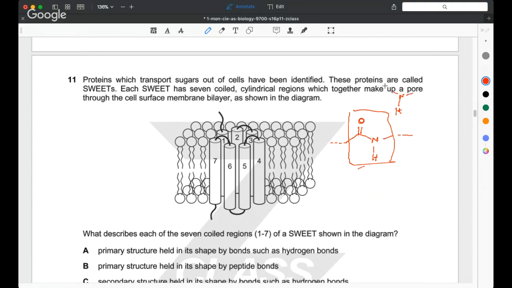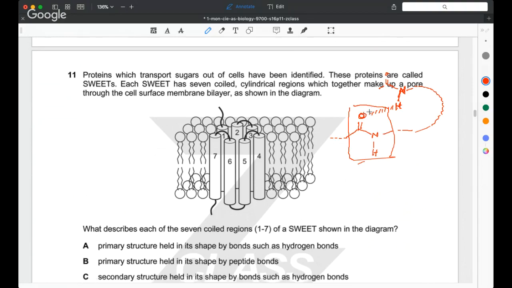So, assuming the whole peptide chain kind of curled round, you can end up with that NH group coming into close proximity with that group there. And once you do that, there's the chance that you get a hydrogen bond forming between the N, the H, and the O there.